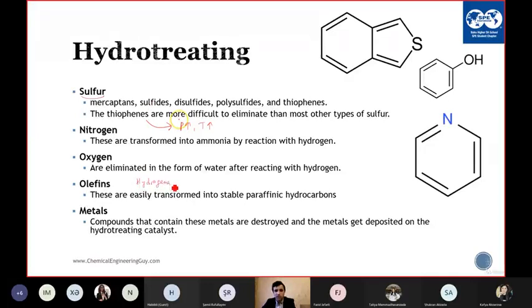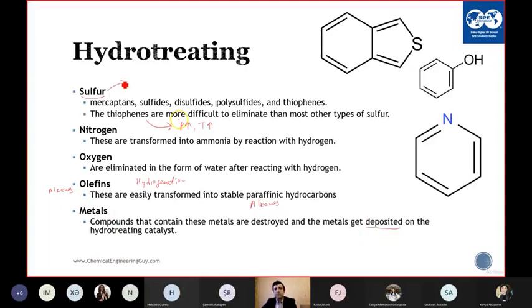You add the hydrogen to the olefin, and of course the olefins will be hydrogenated into paraffinic hydrocarbons. What are the olefins? Alkenes, and paraffins are alkanes. And the compounds that contain metals are destroyed and the metals get deposited on the hydrotreating catalyst. So the metals are deposited on the catalyst. That's how you remove the metals.